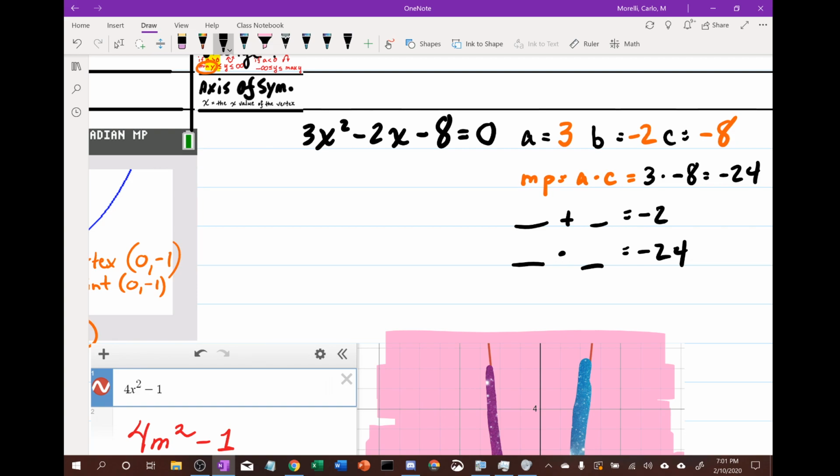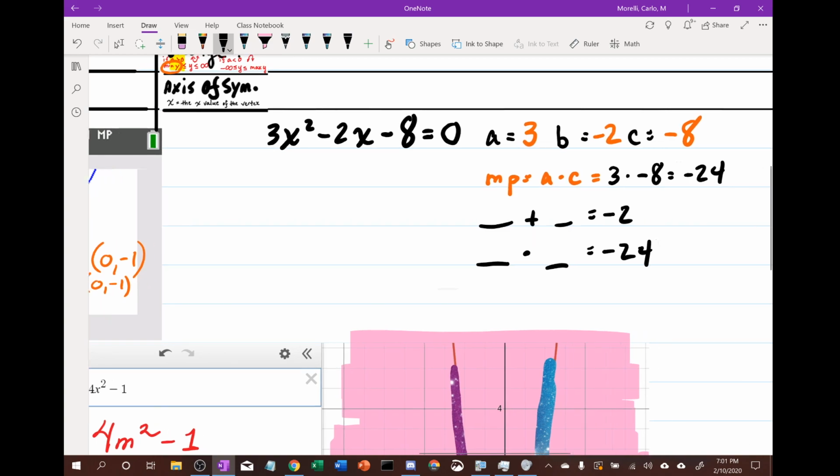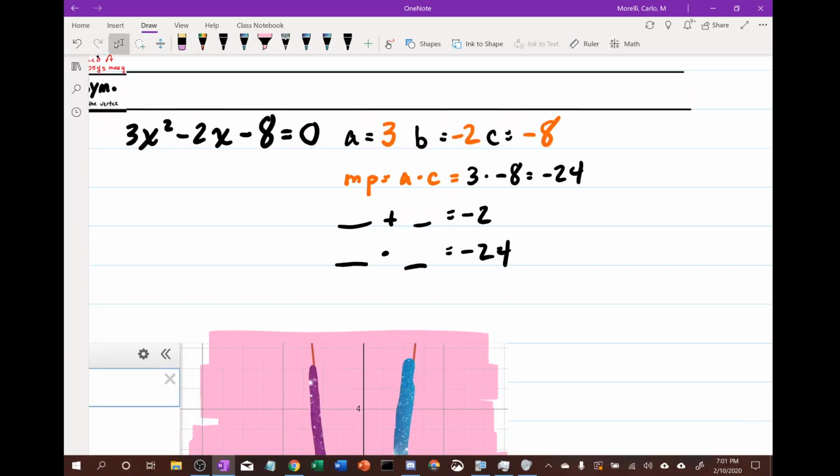So the way that I would go about this, and I'm already seeing the numbers in my head, is to break down 24: 1 and 24, 2 and 12, 3 and 8, 4 and 6.